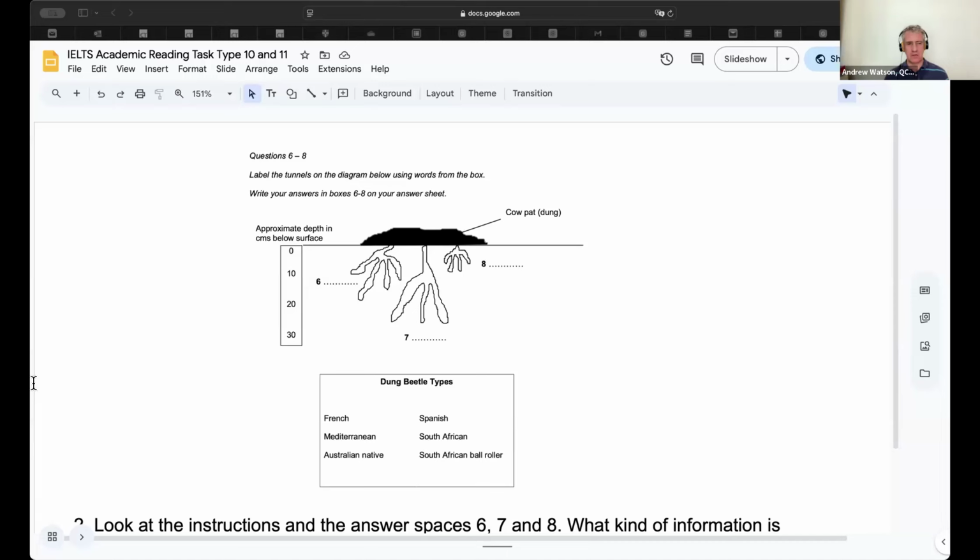Now, for this type of task, the words probably only come from one part of the text, but they do not necessarily occur in the order of the passage.